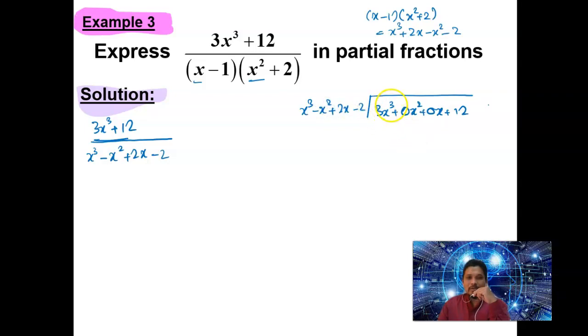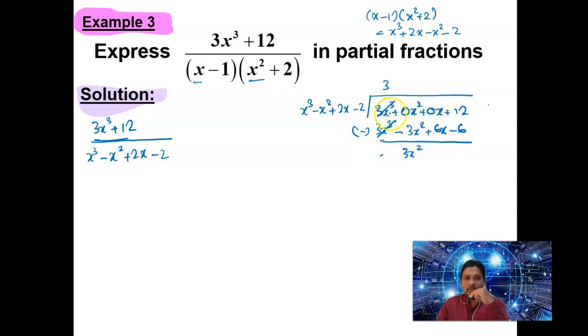So 3x cubed divided by x cubed equal to 3. 3x cubed, 3 times negative x squared, minus 3x squared. 3 times 2x equal to 6x. 3 times negative 2 equal to negative 6. So 3x cubed minus 3x cubed, clear. Negative times negative equal to positive. So 0 plus 3 equal to 3x squared.